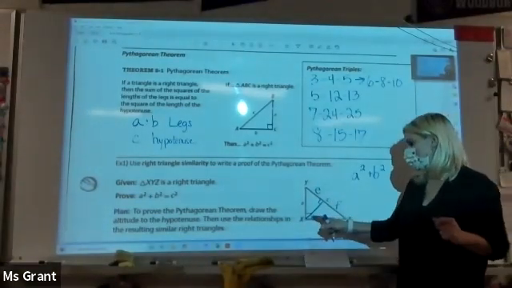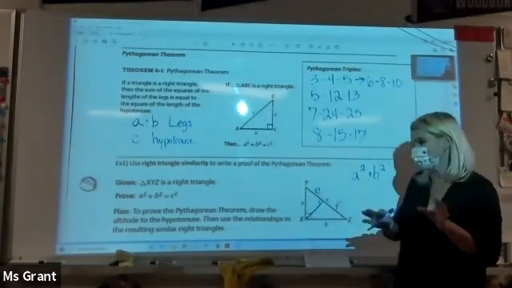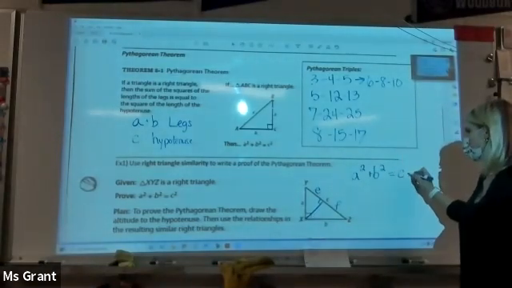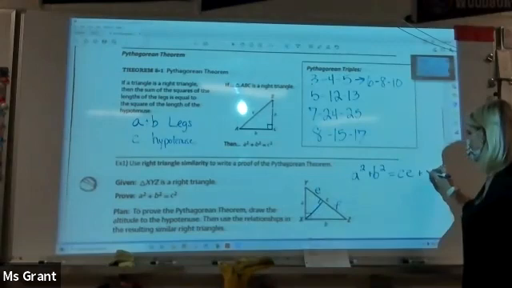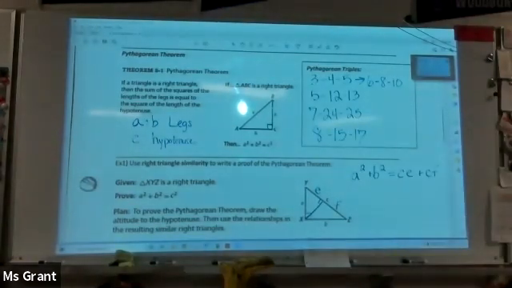I did not say that this was bisected. I don't know that this angle is bisected, so we can't assume that. But I can say that a squared plus b squared equals CE plus CF. And that's all we need to do when talking about the proof.